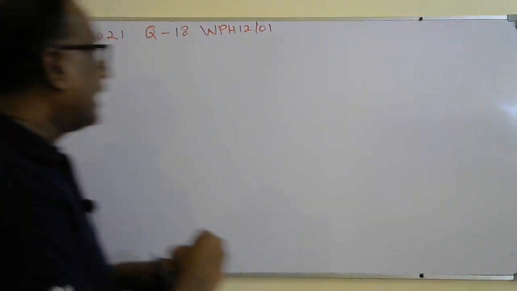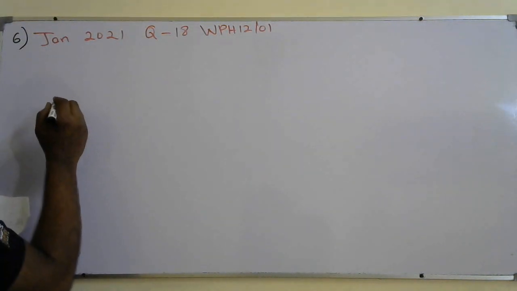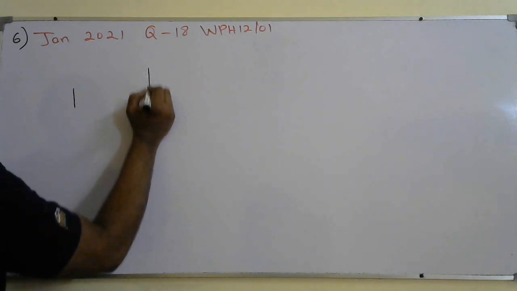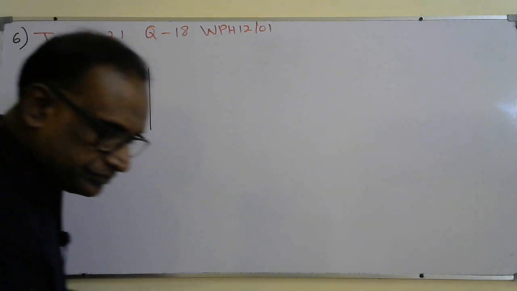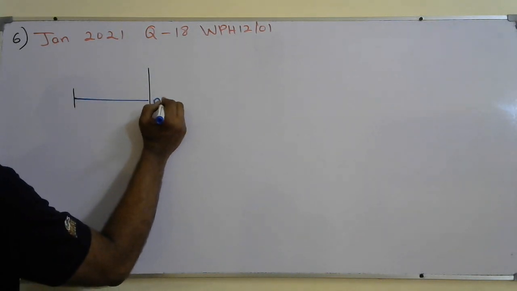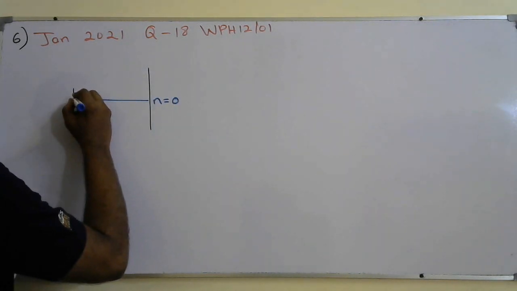So I will put it on a diagram rather than writing the whole question. This is the diffraction grating. This is the screen. This is the zeroth order. This is the first order.